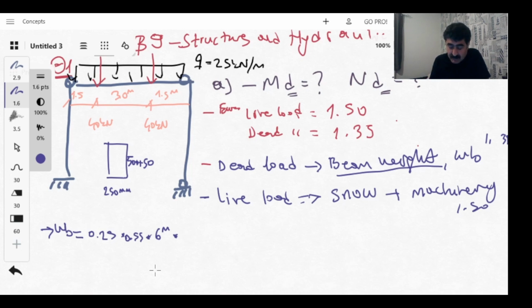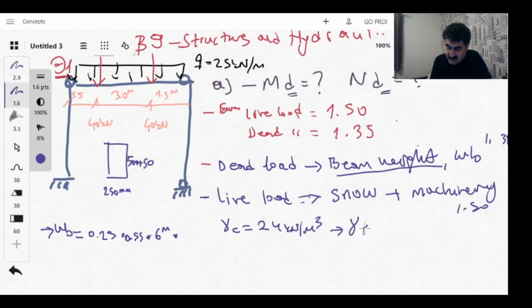The code says the unit weight gamma concrete is equal to 24 kilonewton per meter cube. But if you have reinforcement in it, you need to consider higher, because reinforcement will make the section heavier.